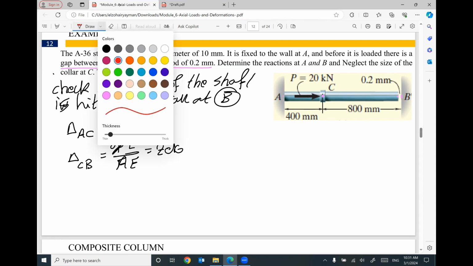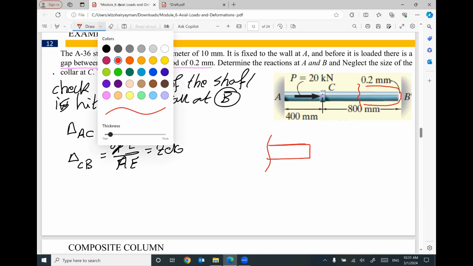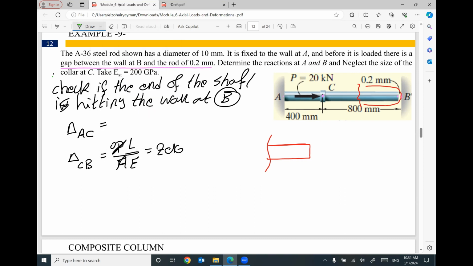If you look at this part, I will decide to use the right part. So the right part looks like this. Keep in your mind, I'm assuming we don't have any contact between the end of the shaft and the wall, so we don't have any force. That means at your cut, we will have 0 force. If P equals 0, the axial deformation in this part will be 0.